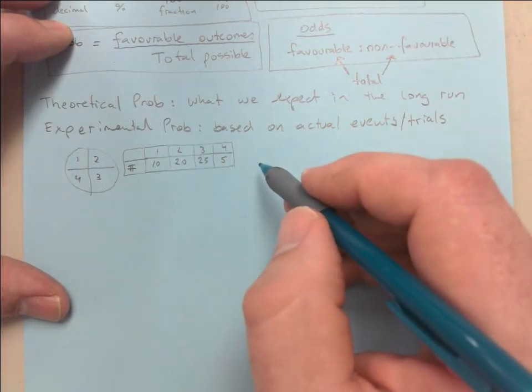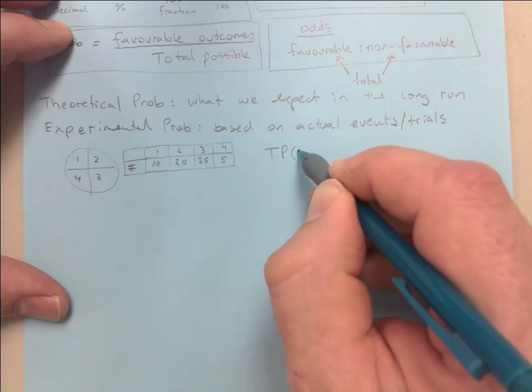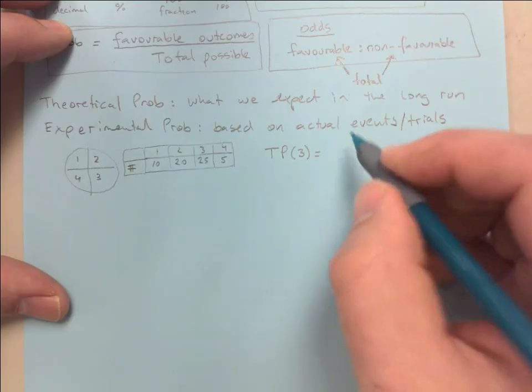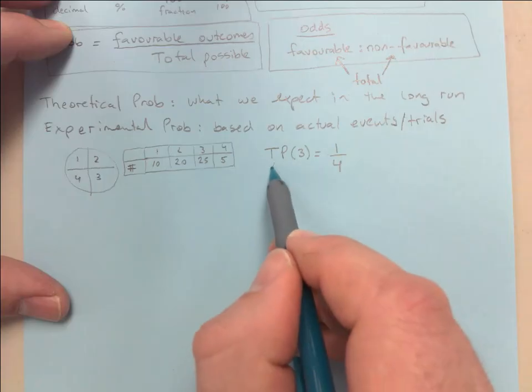Okay? Theoretical probability of rolling a 3 would be 1 out of 4, because you go back to this one.